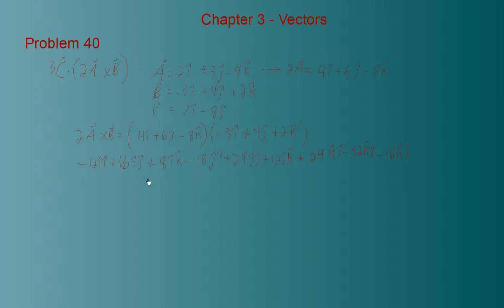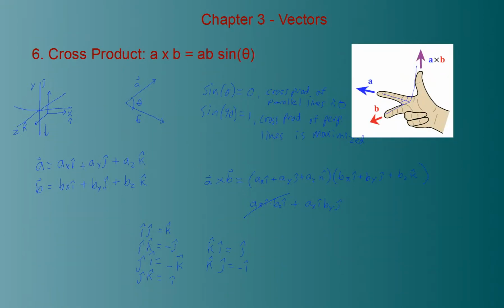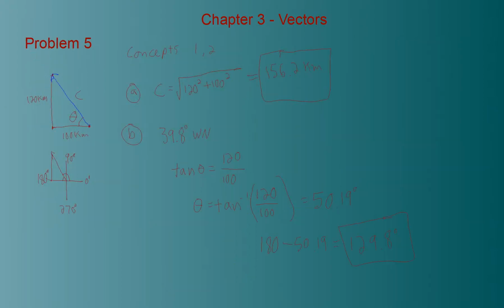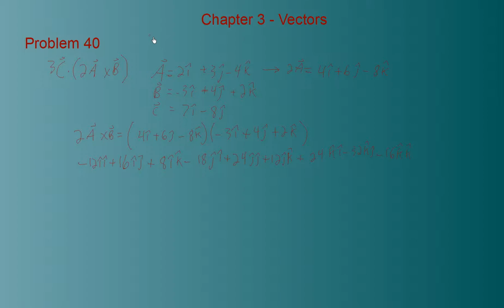Okay. Now, as we discussed before in the notes, with cross product, we use sine. Let's go back here. Yep. Cross product is the sine of the angle between the two vectors. First off, this is concept 6, just to let you know.